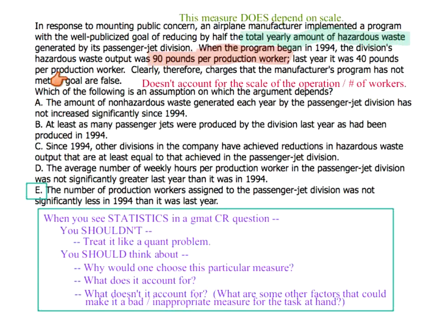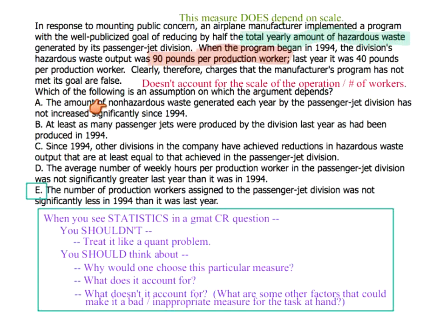So, like D, we don't care how many hours these people are working because we don't know how that relates to pounds of wastage per worker. Same thing with B, we don't care how many planes the factory makes. And then A says non-hazardous waste.